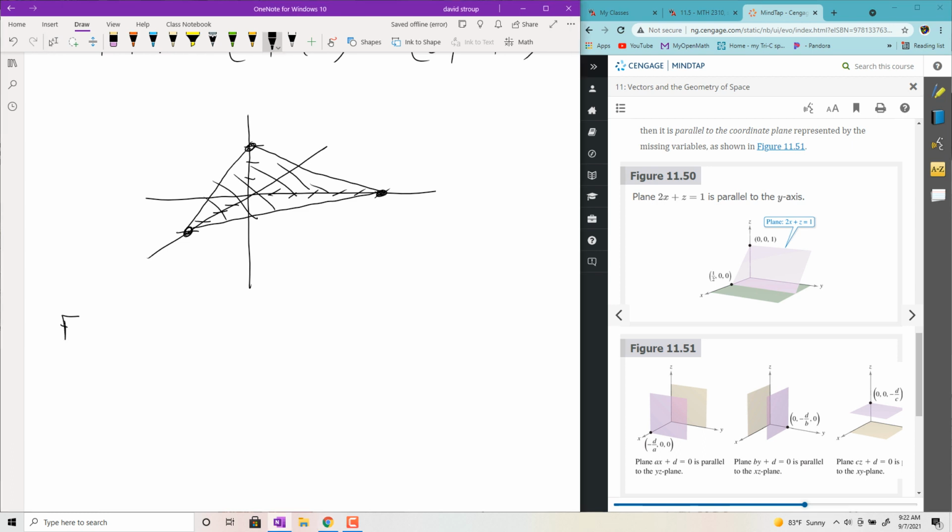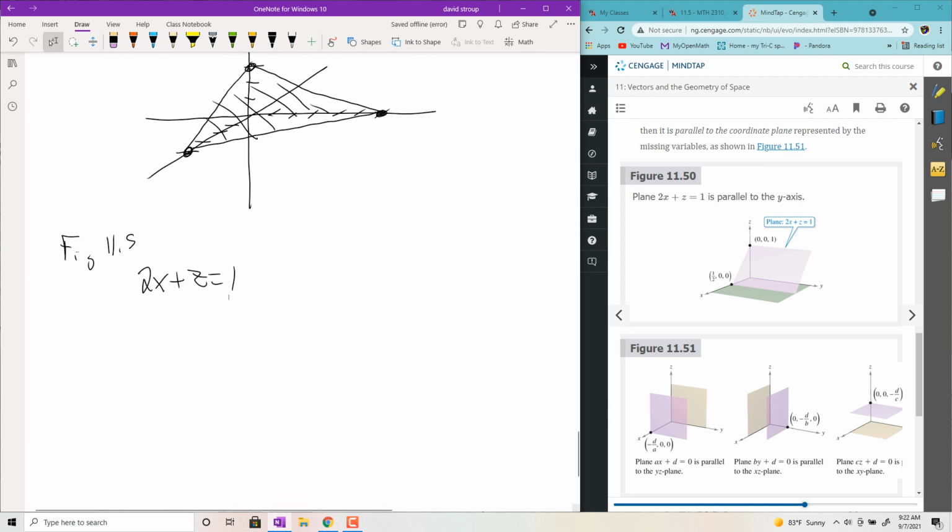So in this one, figure 11.5, you see there's no x, so all you have is a, quote unquote, trace in the, yeah, so that one's a bit different.